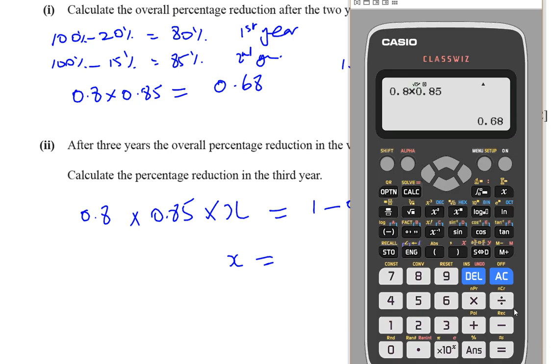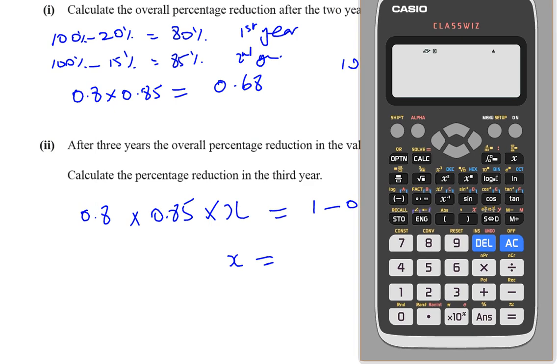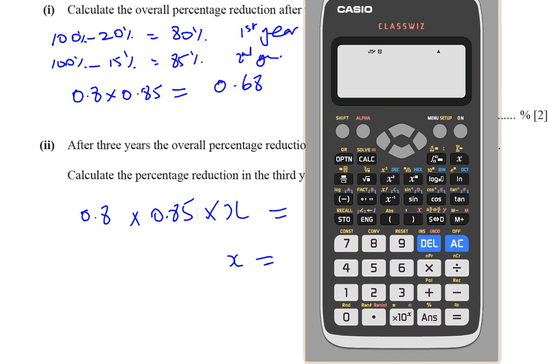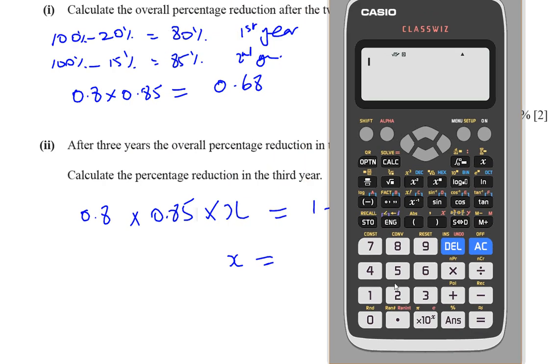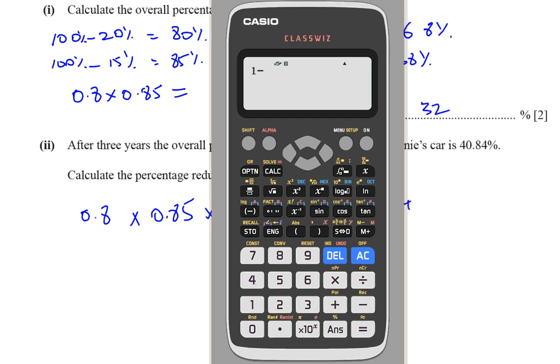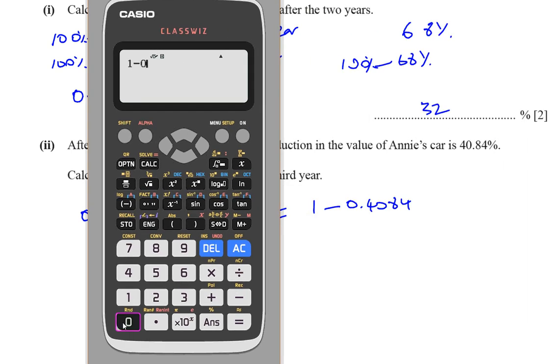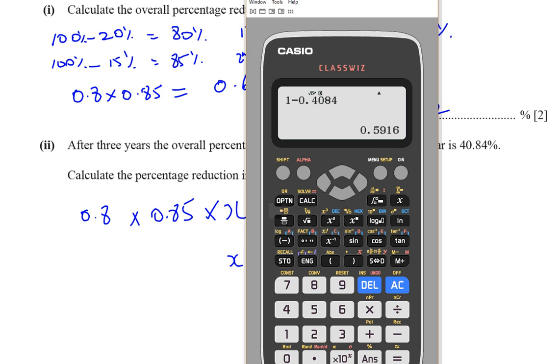Let's work out what this is now. First of all, I'll do 1 minus 0.4084. Alright, so that's like 59.16%.